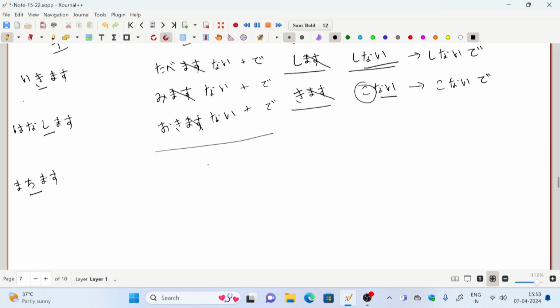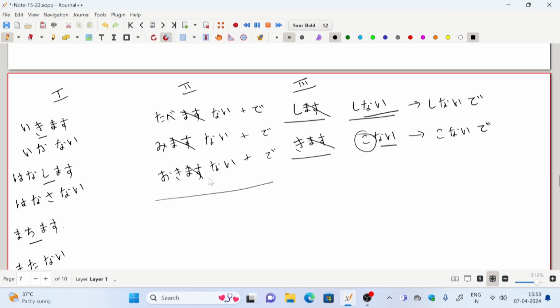So ikimasu will change into ika, and then we will add nai. So ikanai. Hanashimasu will change into hanasanai. Similarly, machimasu will change into matanai. So this is how we learn the nai form.